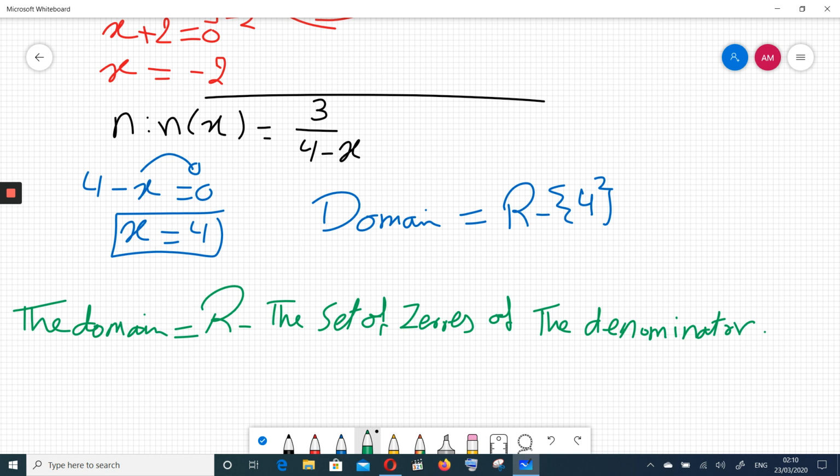The set of zeros of my denominator. So in general, to determine the domain of any algebraic fractional function, we put our denominator equal 0, and after that we get the values of x that make the denominator equal 0. After this, R minus these values, as in the examples we solved in this part.